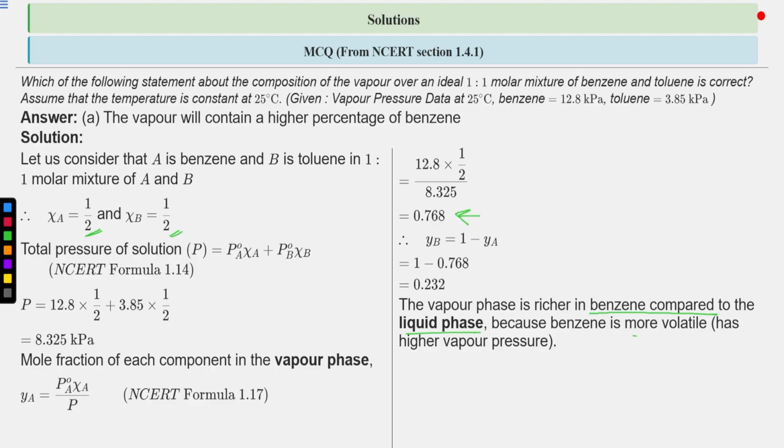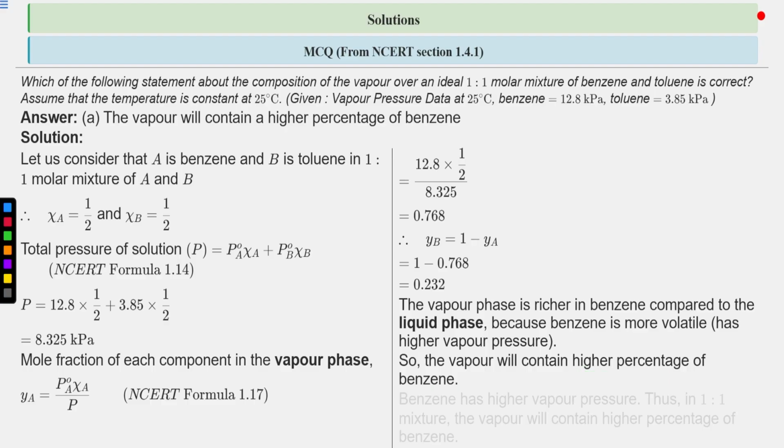Because benzene is more volatile, it has higher vapor pressure. So the vapor will contain a higher percentage of benzene. And since benzene has higher vapor pressure, in a 1:1 mixture of benzene and toluene, the vapor will contain a higher percentage of benzene.